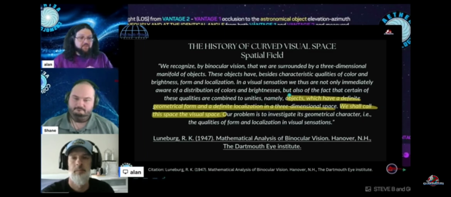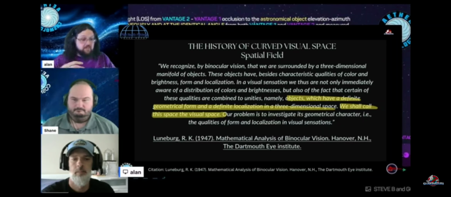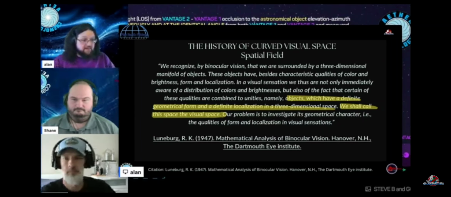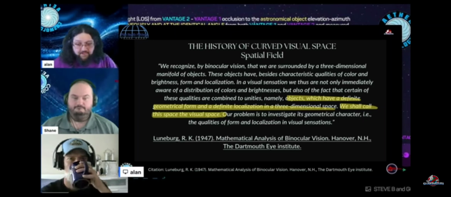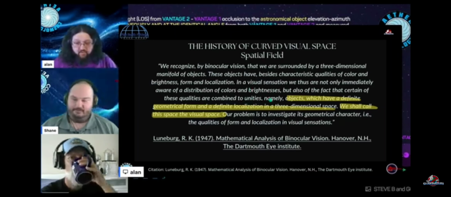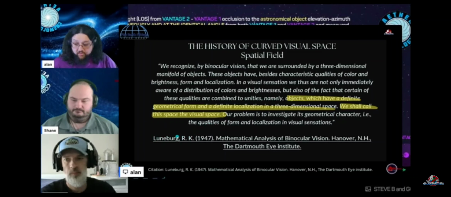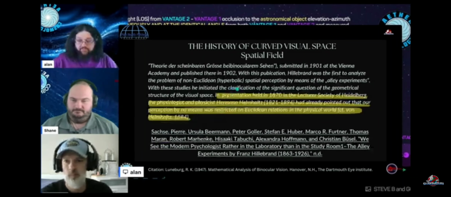So the spatial field you can kind of think of as actual reality, and then the visual field would be your perception of that, and we'll get into the deviations from the spatial to the visual. That's from Carl Lumberg in 1947.